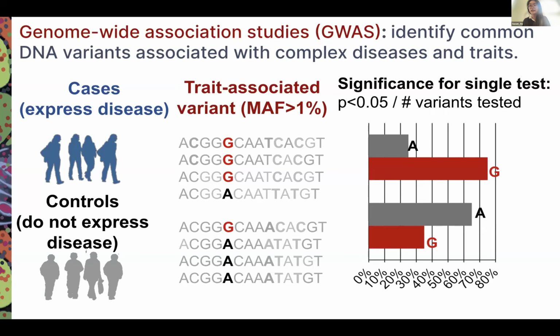For instance, by comparing the genetic data of individuals with a specific disease to those in good health, we identify SNPs, whether A or T or C or G, showing a significant difference in frequency in the disease cohort compared to the healthy group. When these differences reach statistical significance, we identify a strong association with a trait or disease.